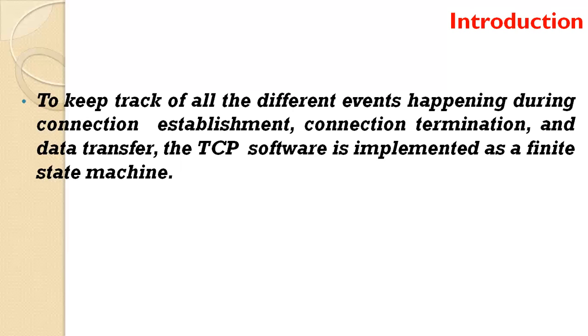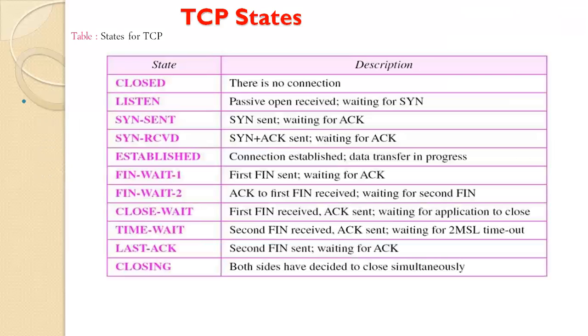Before looking at the state transition diagram of TCP, we have to know the different states, or different terms, used in TCP. This table shows the different states of TCP, that is Transmission Control Protocol.